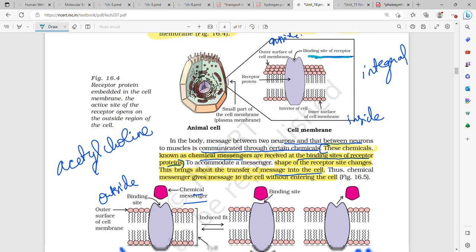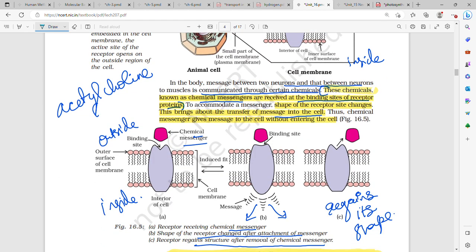In the body, messages between two neurons and between neurons and muscles are communicated through certain chemicals. These chemicals are known as chemical messengers, and they are received at the binding site of the receptor protein. At the neuromuscular junction, we have acetylcholine, which is a chemical messenger.